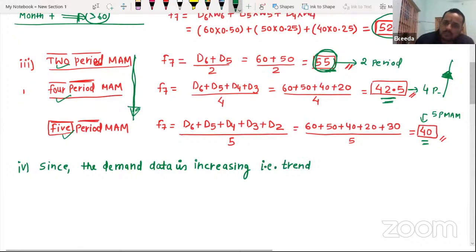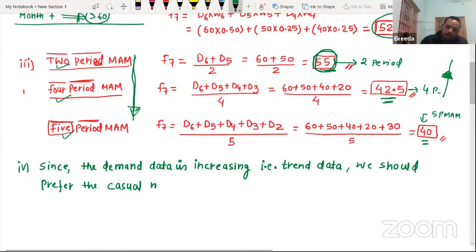Increasing data we can say is following a trend, so it is also known as trend data. So what we will do, we should prefer the causal method.